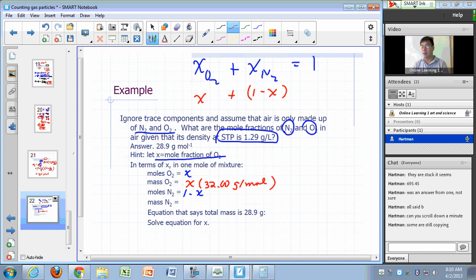That's the mass of your oxygen. And the mass of your nitrogen would be the number of moles of nitrogen, which is 1 minus x, times the molar mass of nitrogen. What's the molar mass of nitrogen?